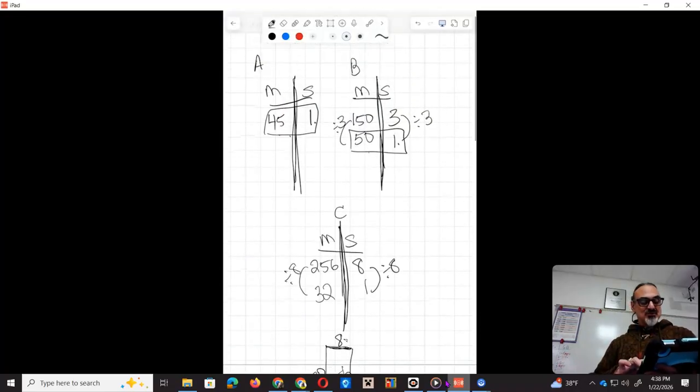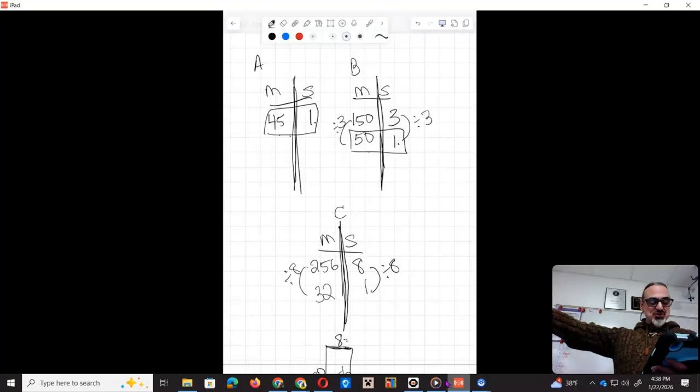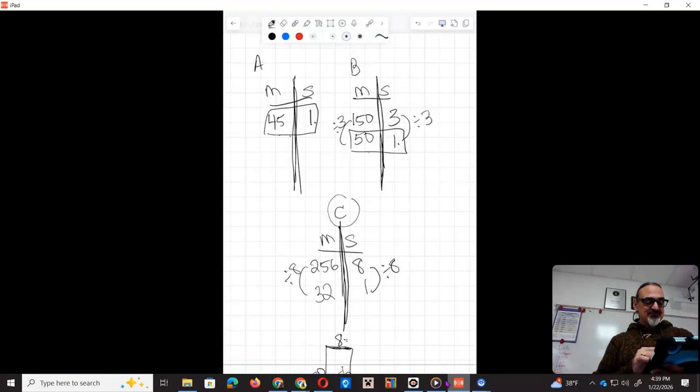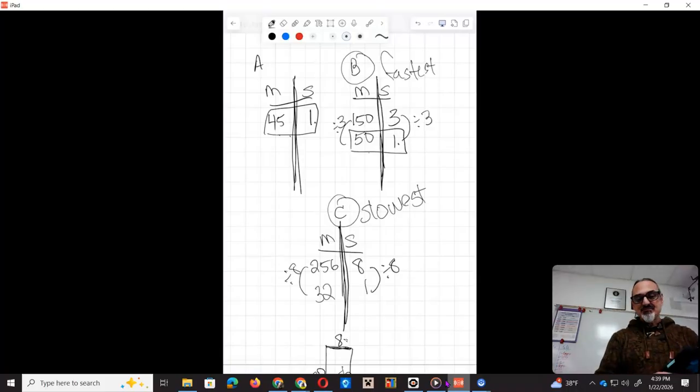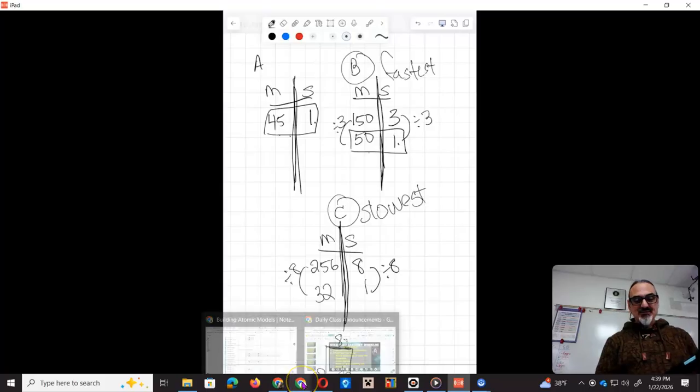So if I go back to my original problem, this poor train only goes 32 meters. This one goes 45, and this one goes 50. So my slowest ends up being train C, and my fastest ends up being train B, and then A is in the middle.